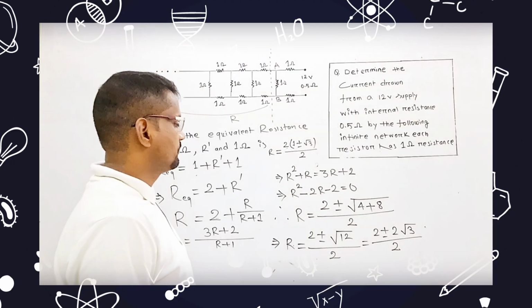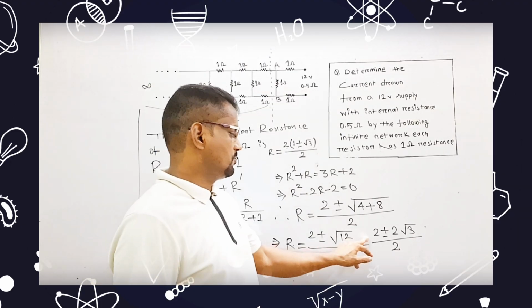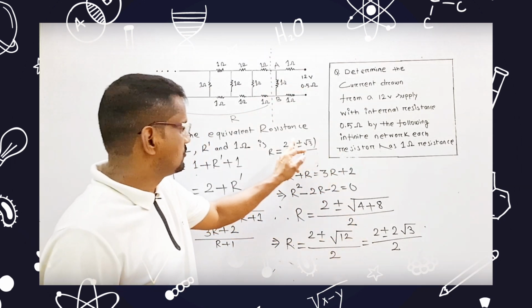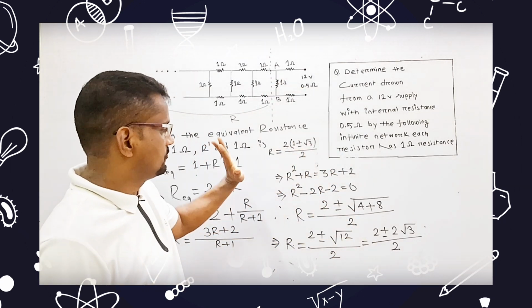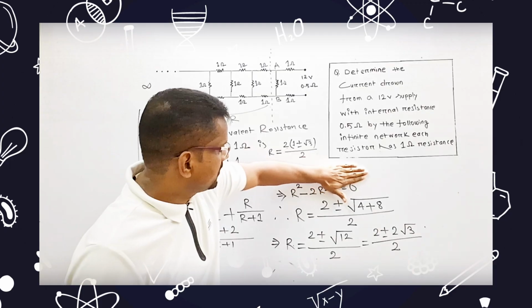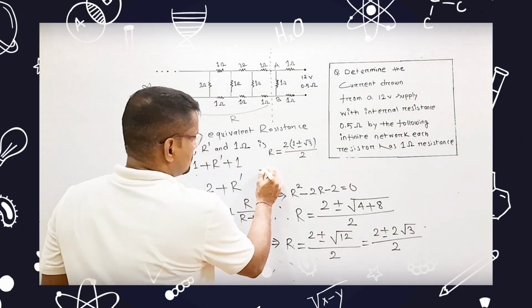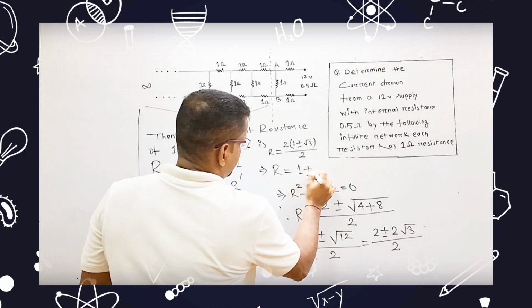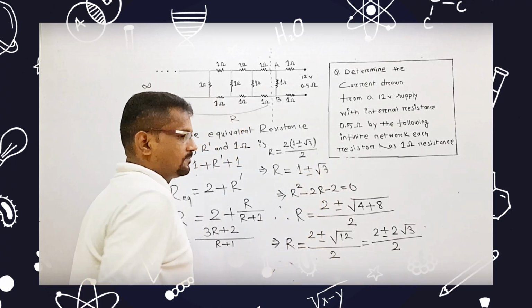Clear? R equals to 2 plus minus twice root 3 by 2. Then what we have done, 2 common, 1 plus minus root 3 by 2. Okay, then you see 2 cancelled out. R is equals to 1 plus minus root over 3.